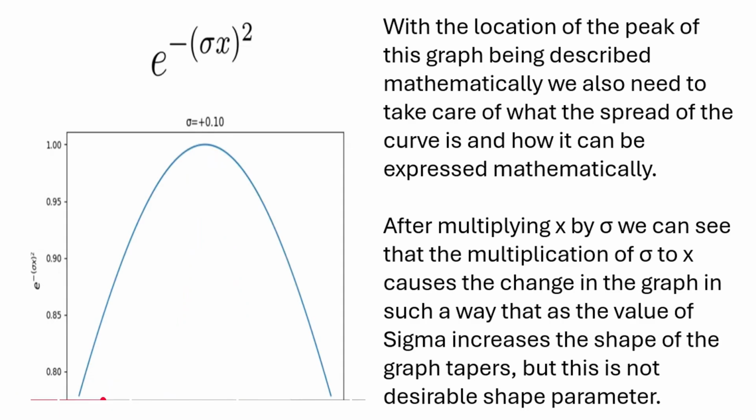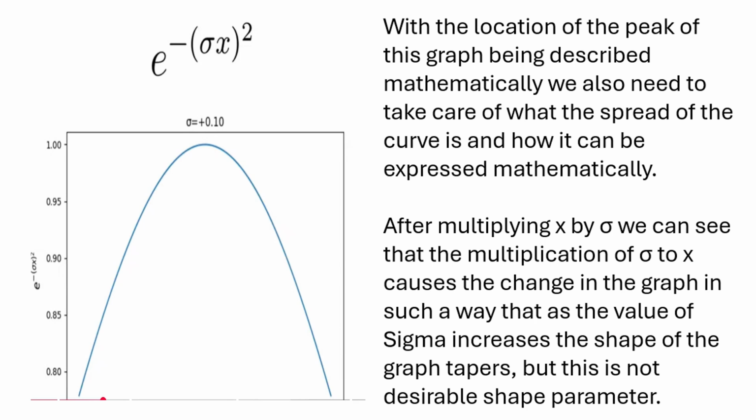After successfully describing the location of the curve in a mathematical form, the next task is to quantitatively describe the shape of the curve. We again go by the trial and error method, and we multiply the power of e by sigma and further square it.